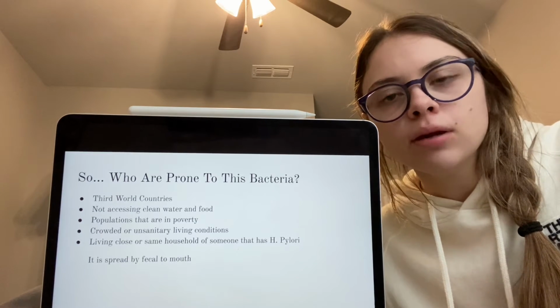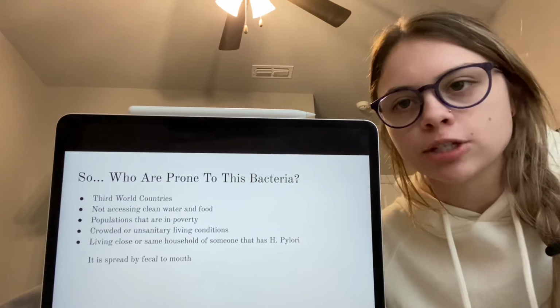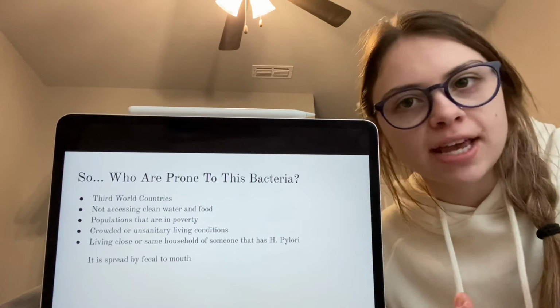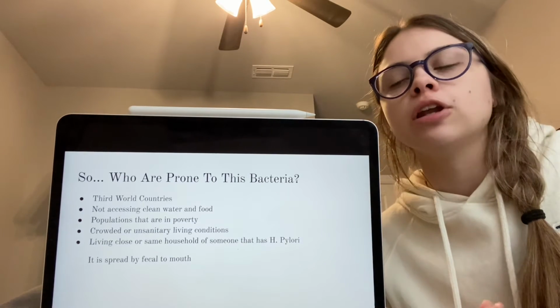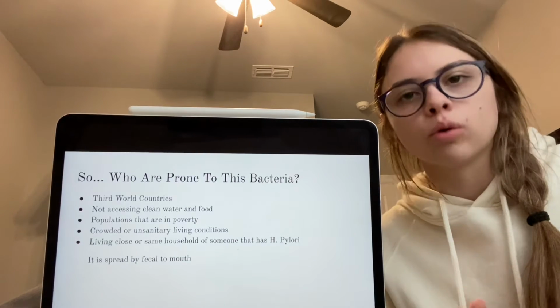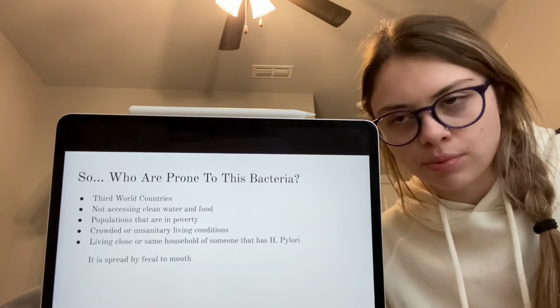Any crowded or unsanitary conditions could have H. pylori. Living with someone that has H. pylori, they could get H. pylori from living in small quarters with people that have H. pylori. It can be spread.